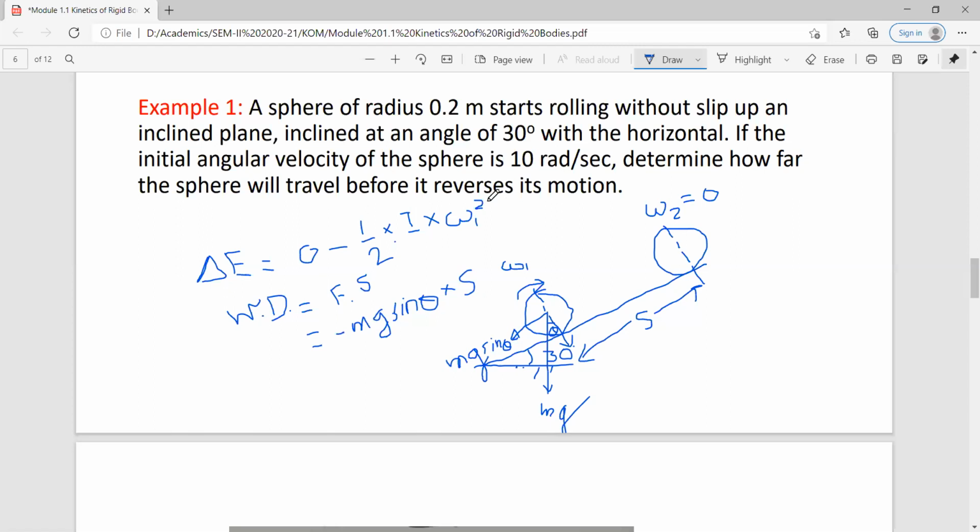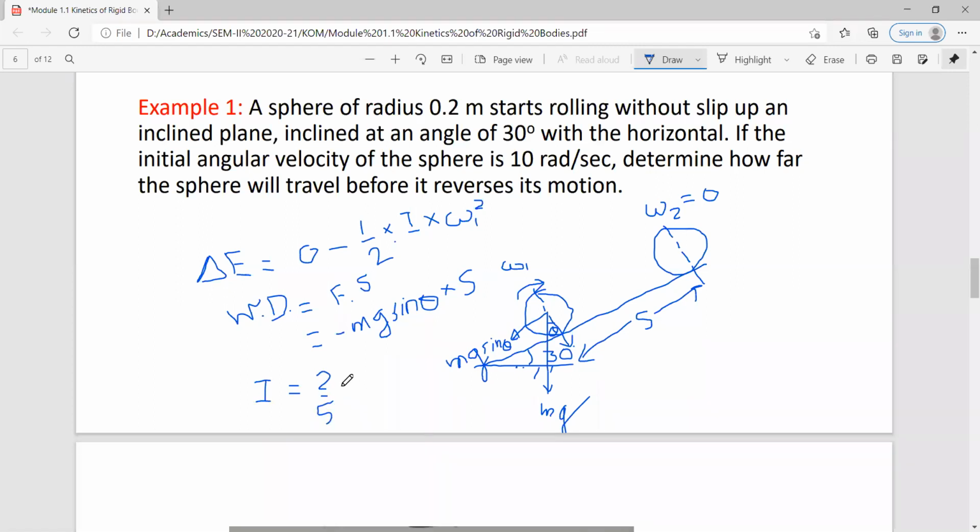Then you need the mass of the sphere, and I, that is your mass moment of inertia. As I told you, the formula of mass moment of inertia is given as standard. It is derived, and for a sphere, it is equal to 2 upon 5.